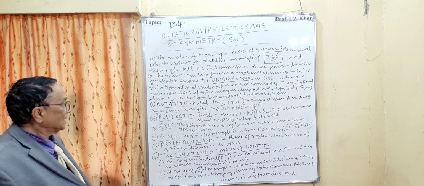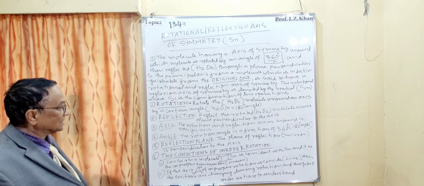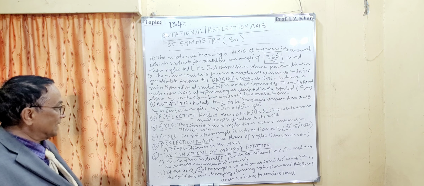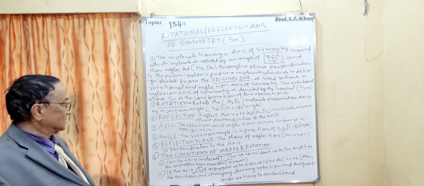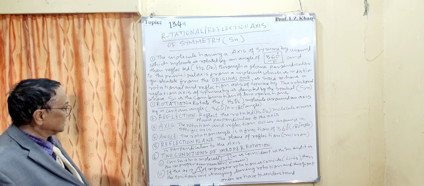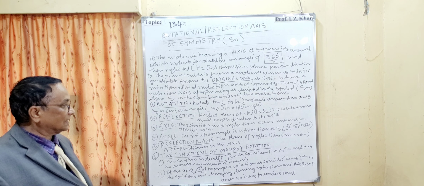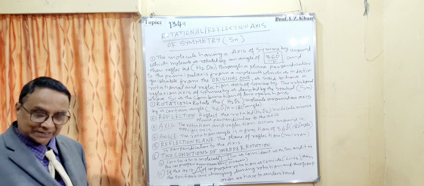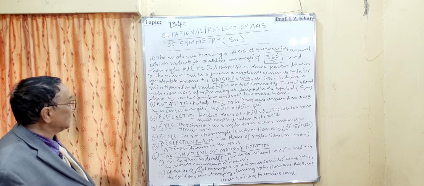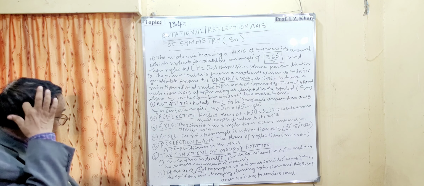Reflection means reflect the rotated H2O2 molecule across a plane perpendicular to the axis. What is the axis? The rotation and reflection occur around a specific axis. That is the meaning here: the reflection and rotation axis.